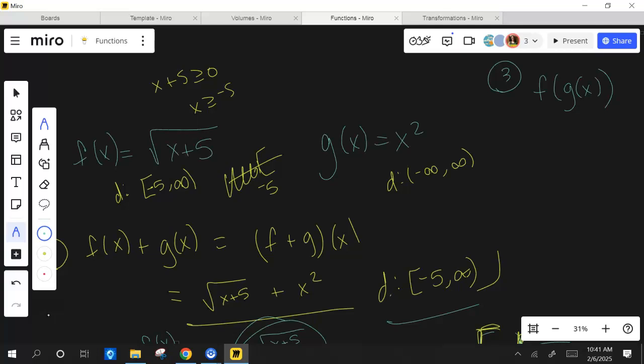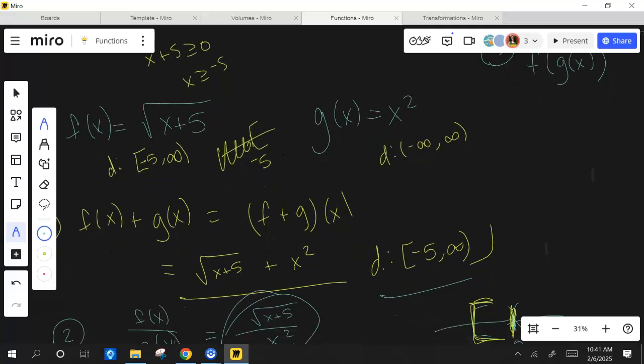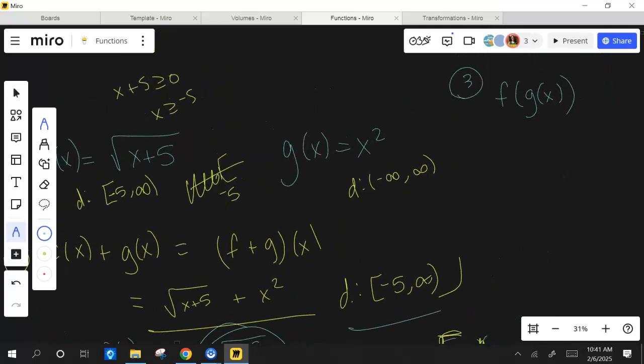I'm finding f of g of x. That means my g is going into my f, and I am simplifying. It should tell you on there what f and g is before you start.